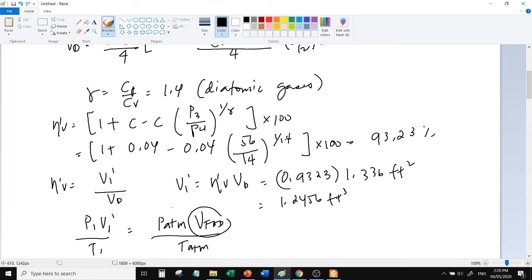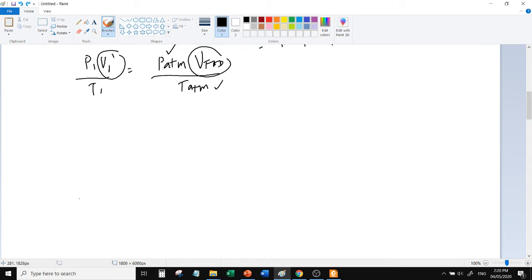Ito yung unknown. Ito lang yung atmospheric pressure and temperature. Ito yung actual volume drawn in, yung sinolve natin. And these are the conditions sa loob ng cylinder, P1, T1, at the suction. So, substituting the values, isolating the free air delivery volume sa isang side ng equation.